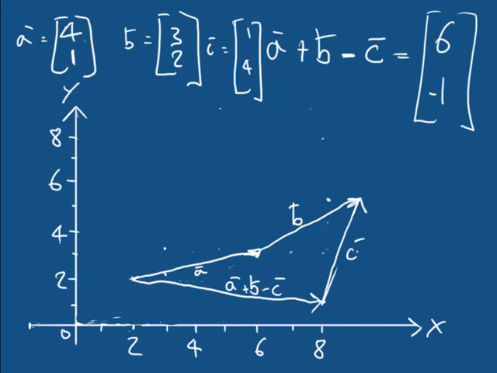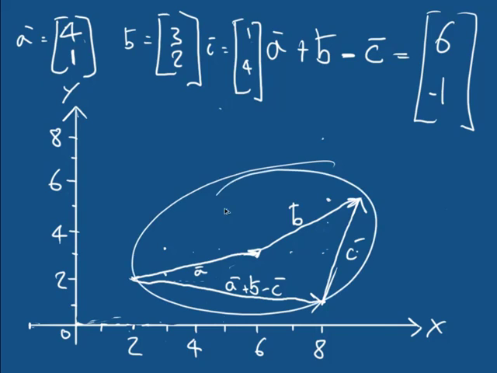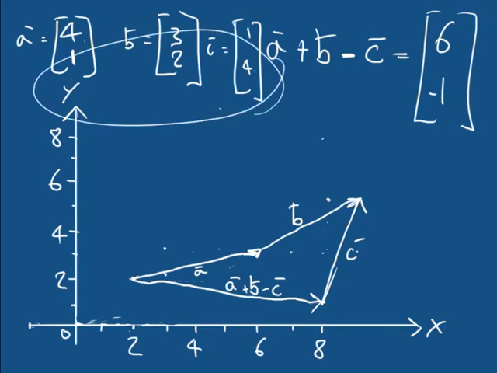We can see this if we took the x components: a plus b, so 4 plus 3 is 7, minus c, so 4 plus 3, 7, minus 1 is 6. And for y, a plus b minus c, 1 plus 2 is 3, minus 4 is minus 1. So again, the graphical representation and the component representation, they are one and the same. They are interchangeable.